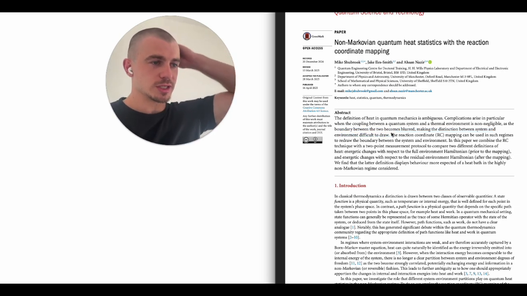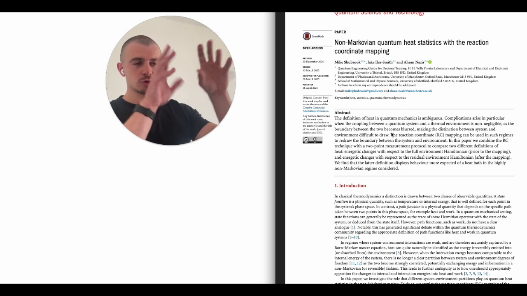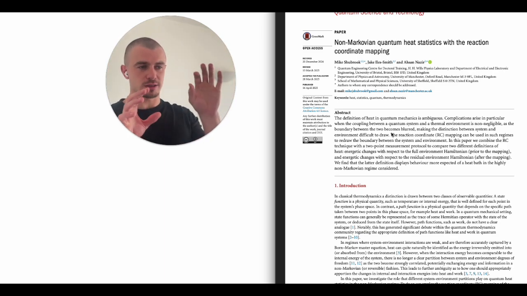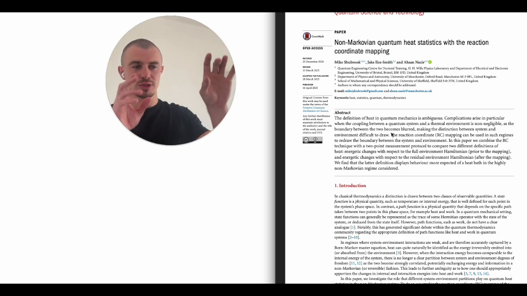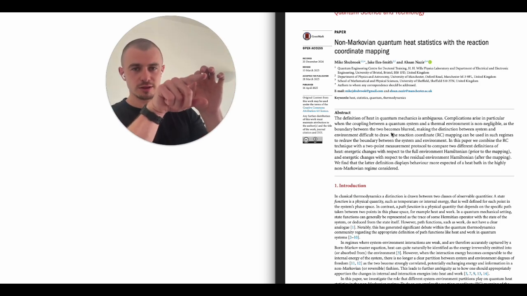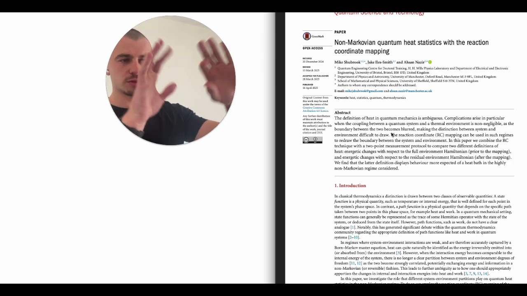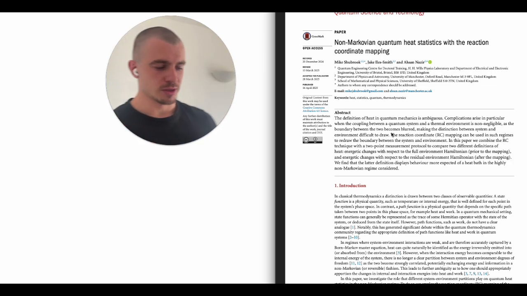So the way I think about this is, if you've got an open system and it's surrounded by an environment, if they're strongly coupled, then you can't point to a certain part of that composite system and say that's definitely the environment, but that bit's definitely the open system. Right? The boundary between the two is blurry. And why is that important?